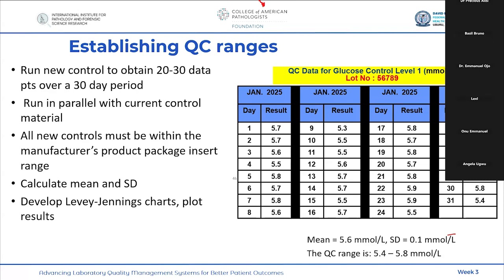So when you are finished running, let's say that in January, for the example I gave, I must have an existing QC program that I'm running. But in addition to that, because I need to establish QC ranges for the new lots, I will start running and keeping my data until I'm able to calculate the mean, the standard deviation, and plot that.